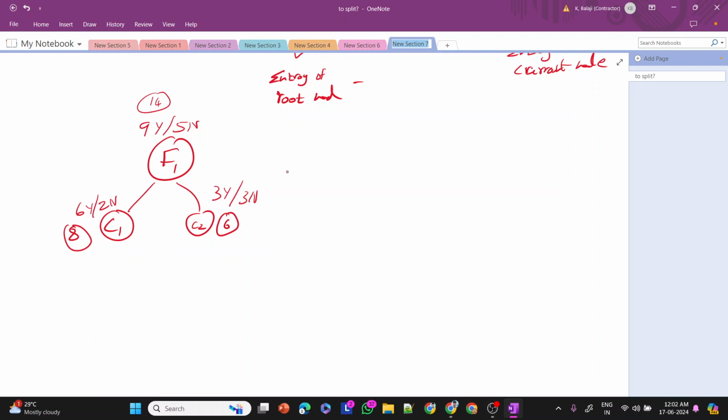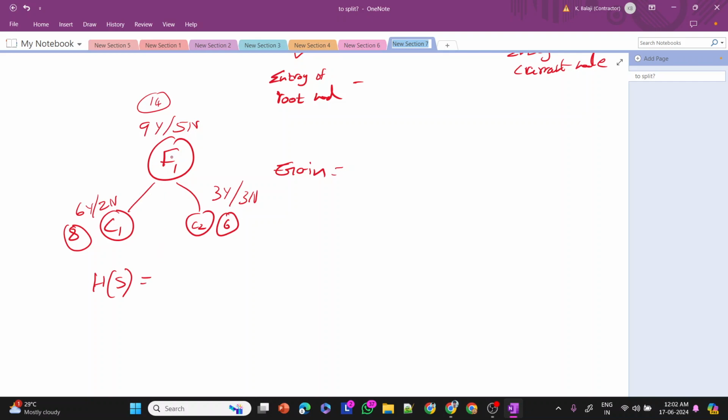To find the gain, first we need to find H(S). H(S) is the entropy of the root node.